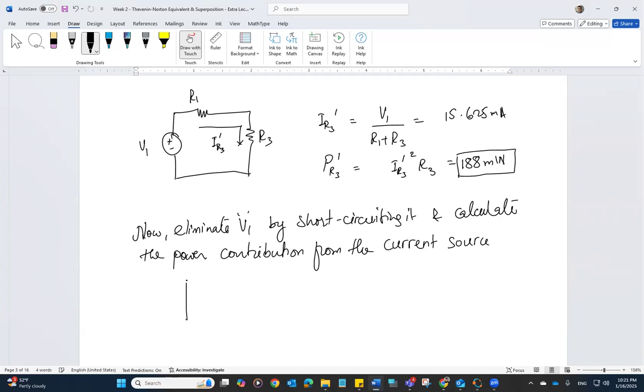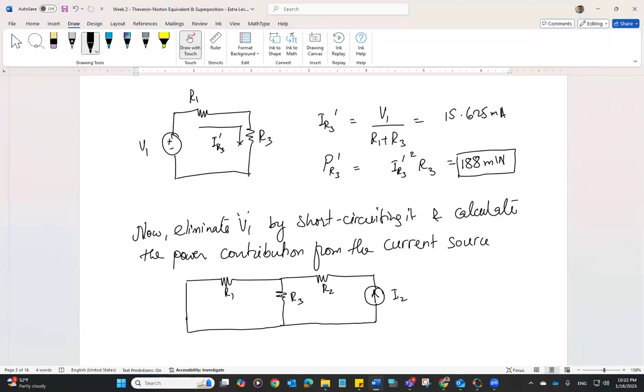So we short circuit the voltage source, leaving R1, R3, R2, and the current source I2.